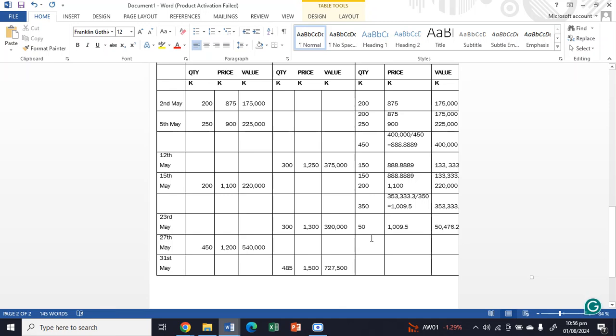So we have 50 goods currently at 1,009.5, which are costing 50,476.2. And we brought in 450 goods costing 1,200, total 540,000.